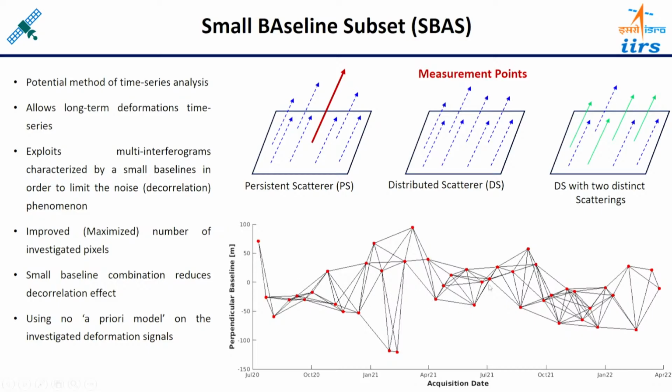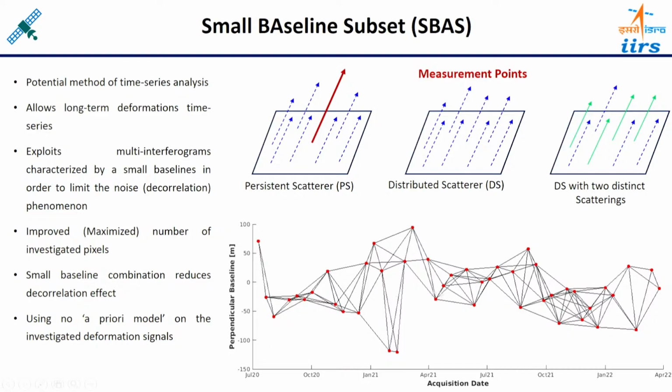So instead of considering a single reference and then making pairs, here you make the pairs between the images, red dots are representing the images. So connect the images from, let us say, here to here, then here to here. It means this line is representing one interferogram pair. So this pair is governed by a small perpendicular baseline and a small temporal baseline.